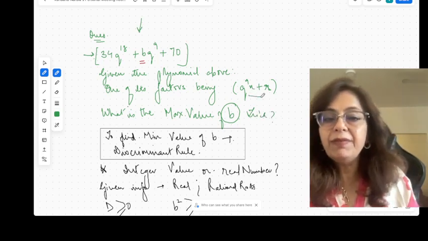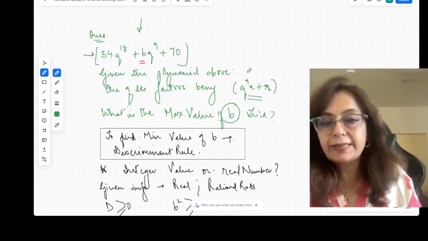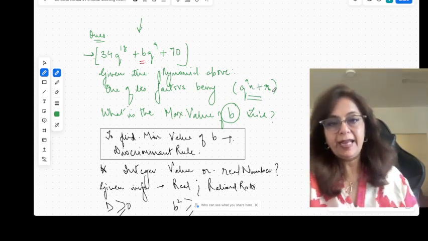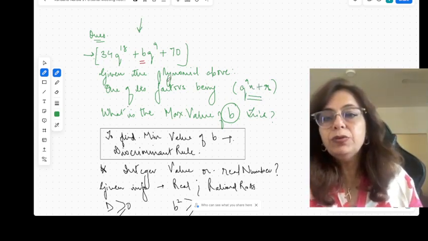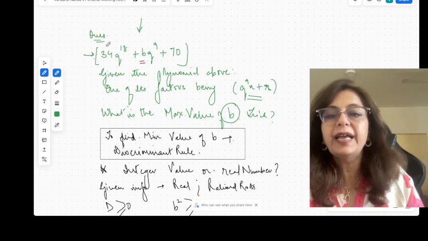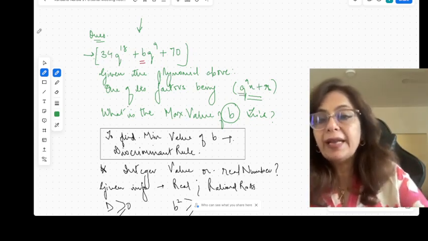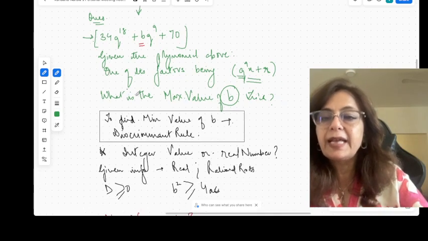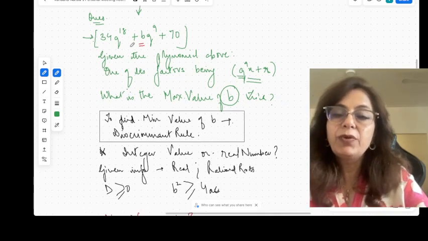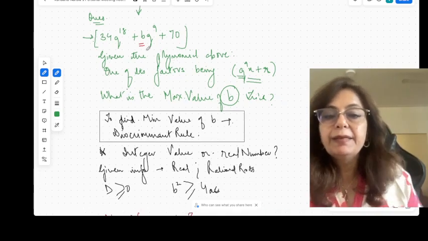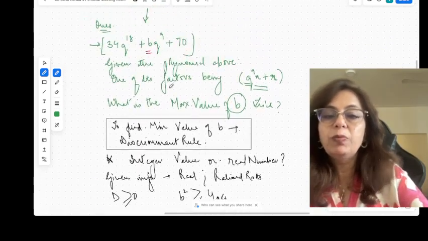At the same time, they've given you one factor as q raised to power 9x plus r. You do see that this equation can be simplified if we just replace q by 9 here in this form and just write it as 34x squared plus bx plus 7, taking that q.